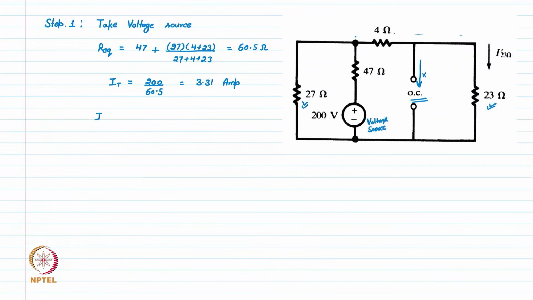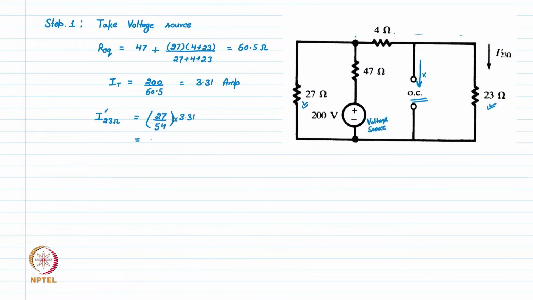So the total current in 23 ohm, let's say I tick, due to this voltage source will be, by the current divider rule, 27 divided by 54 into the current, which is 3.31 amp.